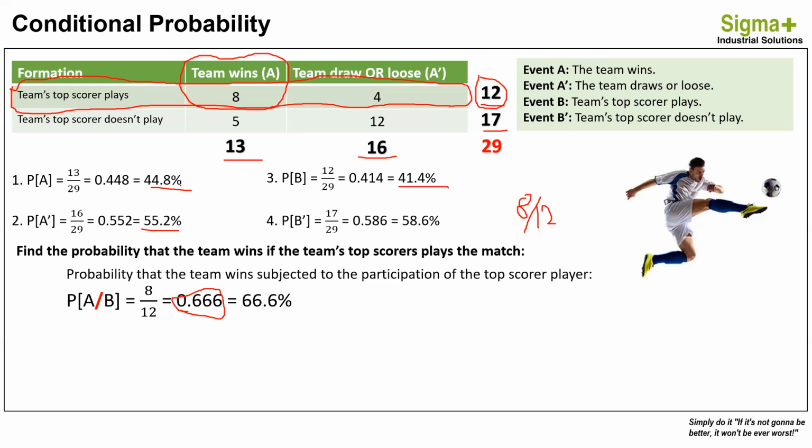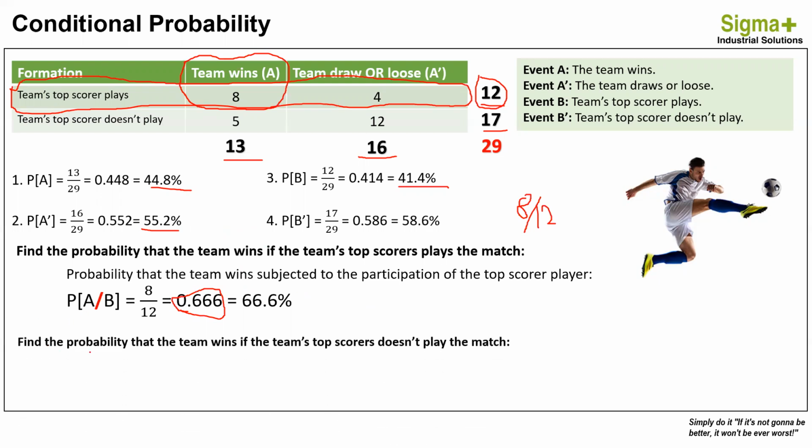So you can see that there is an improvement in the occurrence of winning the match under the condition of the participation of the top scorer player. And that's the difference between the intersection and the conditional probabilities, right?